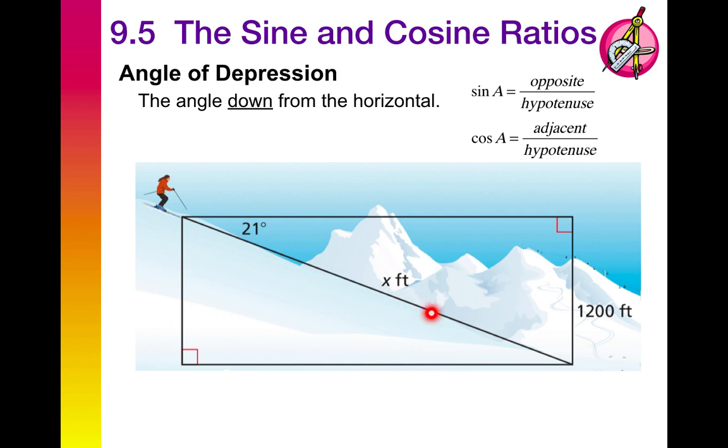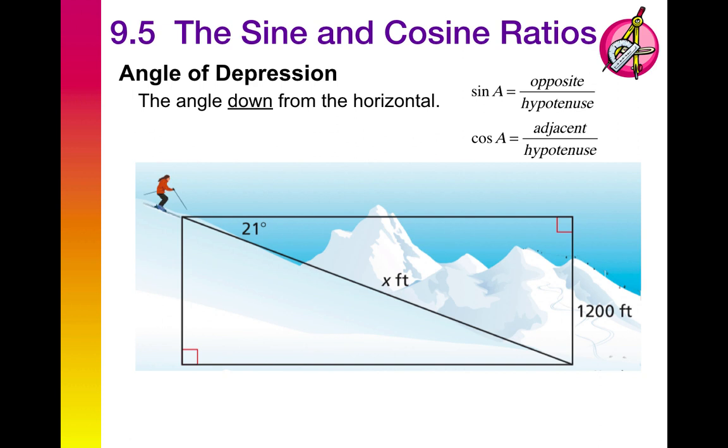That is a really, really fast slope. And I know that from where I'm starting to where I'm going to finish is about 1,200 feet. That's quite a bit of distance. Then let's calculate the distance that I'm actually going to ski.